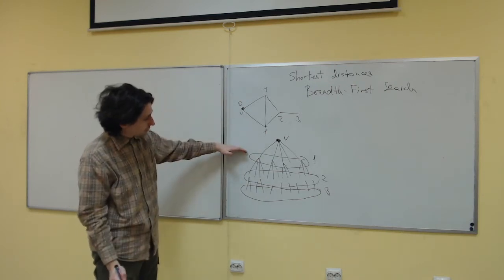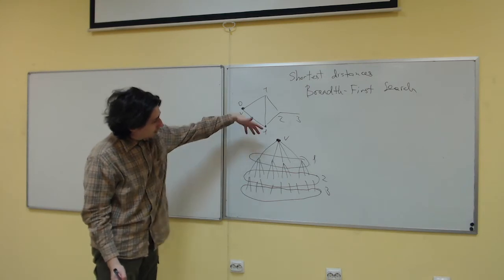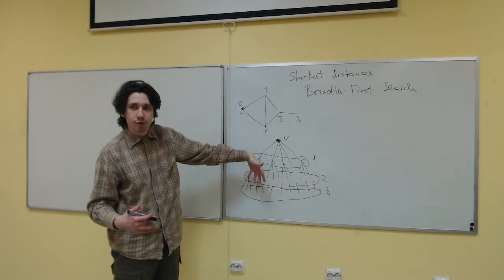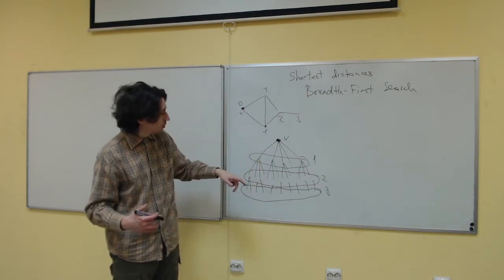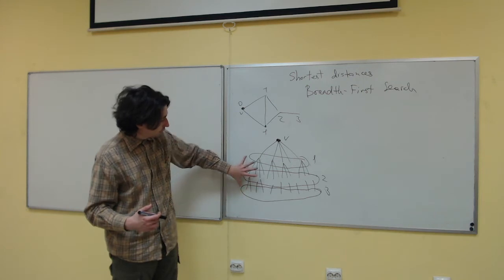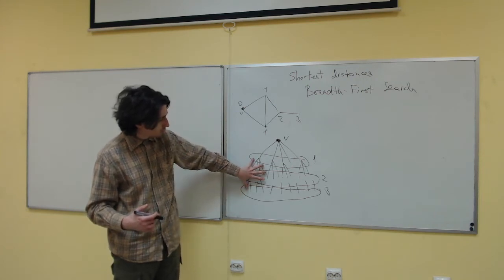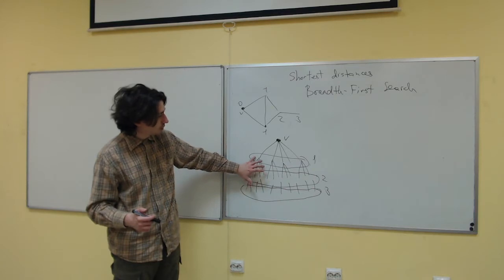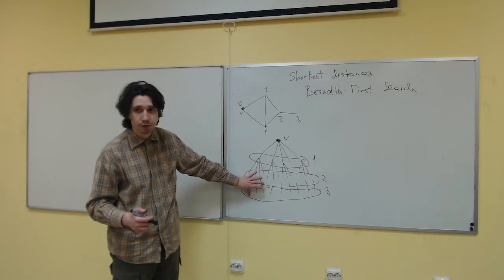So we have this tree, created using this BFS. Can you tell me, is it possible to have an edge between these two levels, 1 and 3? Is it possible that there is an edge between some vertex in 1 and some vertex in 3?